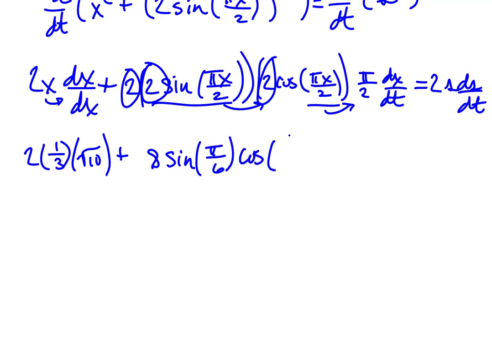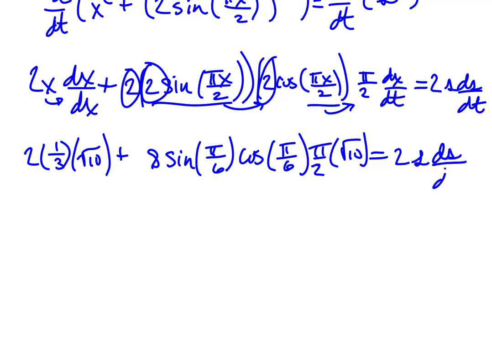And then we also have cosine of the same thing, which would be again pi over 6 when x is 1/3. And then we're multiplying by pi over 2 and then dx/dt, but again that is the square root of 10. And so we can plug that in for dx/dt. And this all equals, of course, 2s ds/dt.